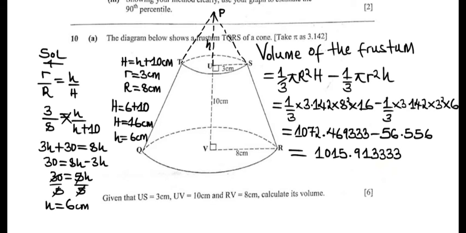We can round this off correct to 3 significant figures, so this will be 1020. Since this is volume, the units will be cubic centimeters. So this here is the answer to this question.